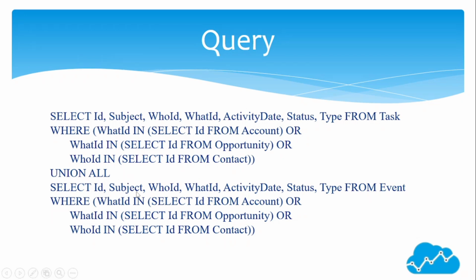Select Id, Subject, WhoId, WhatId, ActivityDate, Status, Type from Event, here the Event object, where WhatId in (select Id from Account), WhatId meaning the account object, or WhatId in (select Id from Opportunity), or WhoId, which holds the information of a person, in (select Id from Contact) object.